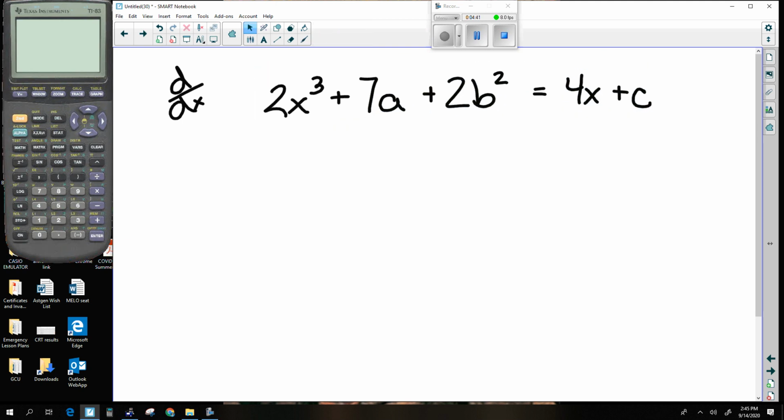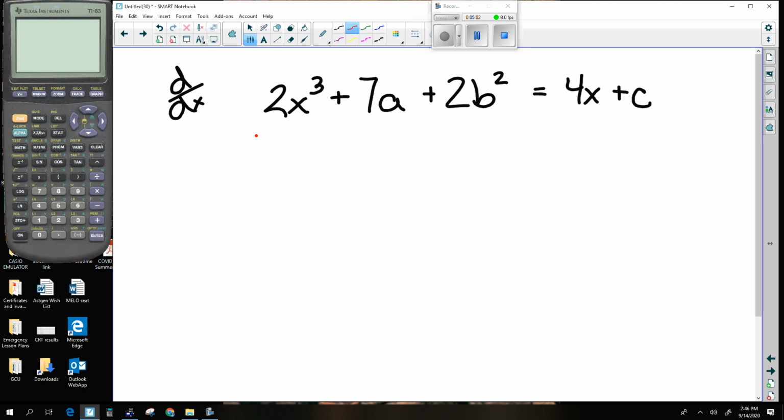So again, the bottom letter that is important is x. If we take a derivative of an x, cool, we just treat it like normal. However, any other letter, you have to have that letter, dA dx, dB dx, if you take the derivative at that moment.